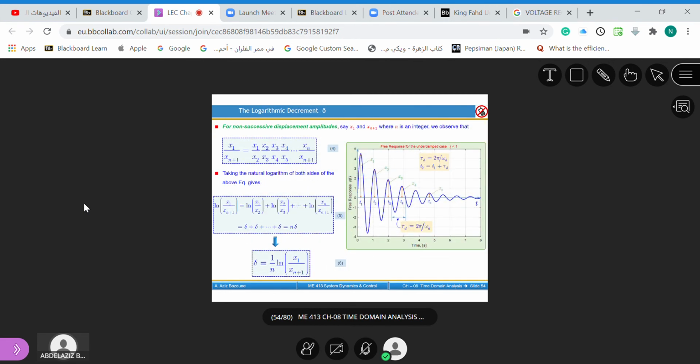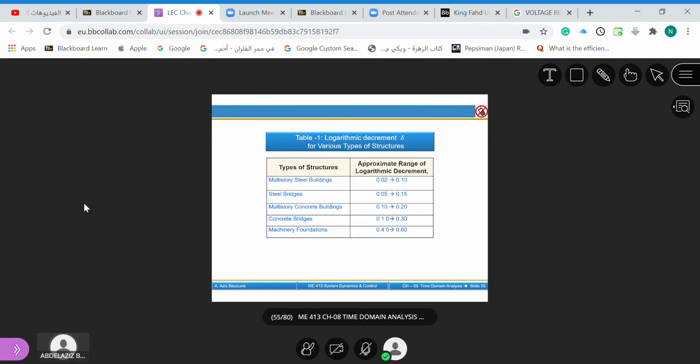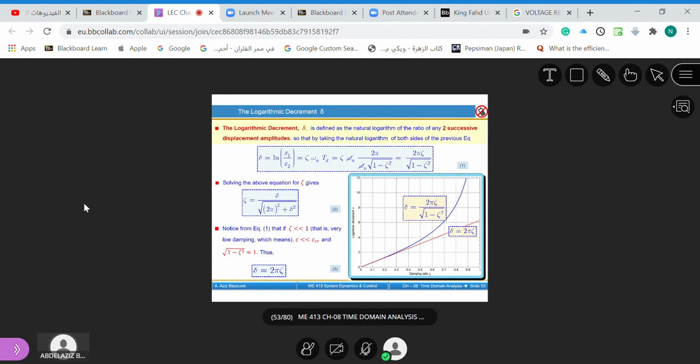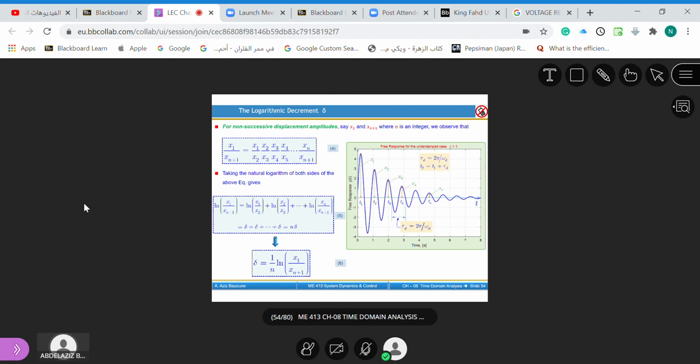But what will happen, Shabab, if we have non-successive amplitudes, like the case here? We have x1 and we have xn plus 1, for example. We can use x1 over xn plus 1 to be x1 over x2 times x2 over x3 times x3 over x4 times x4 over x5, and so on.